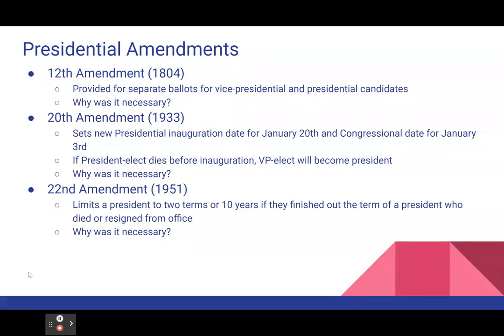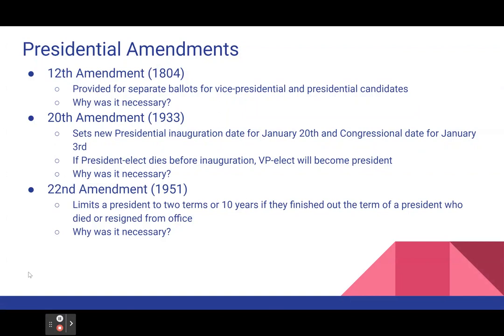Now, the guy who breaks the rules, we talked about this the other day, is Franklin Roosevelt. Franklin Roosevelt is the guy who runs in 32, 36, 40, and 44. And he wins every single time.